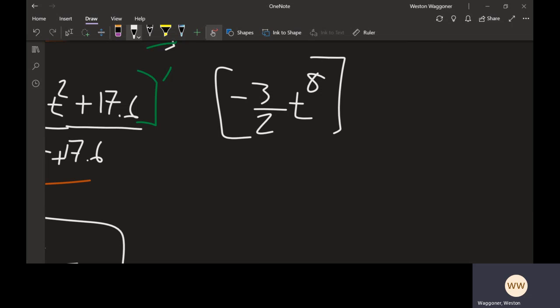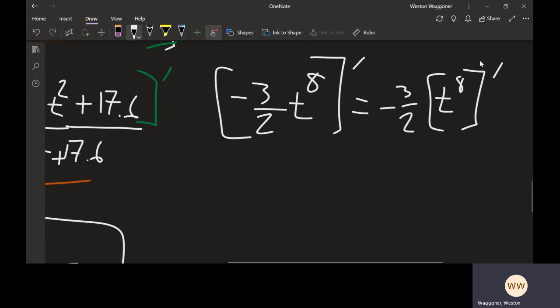Okay, so if I said I'm taking the derivative of this, which we did, this is a constant multiple. So I get to bring that negative 3 halves down, or out. And then I'm really taking the derivative of this t to the 8th power, right?